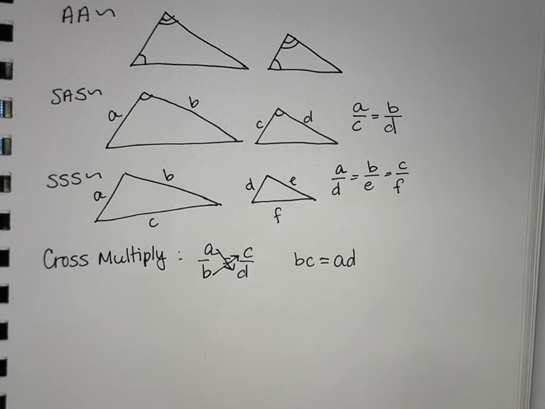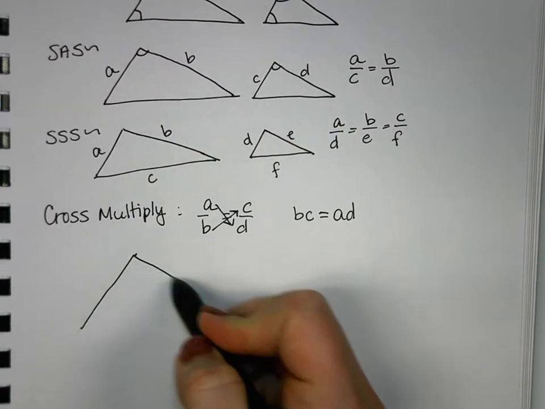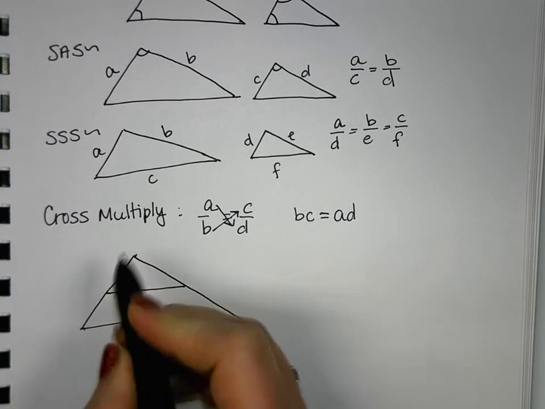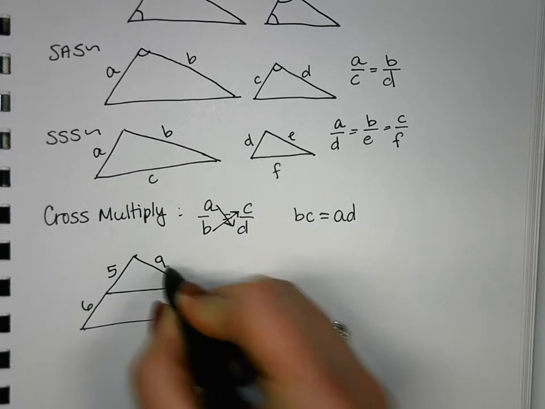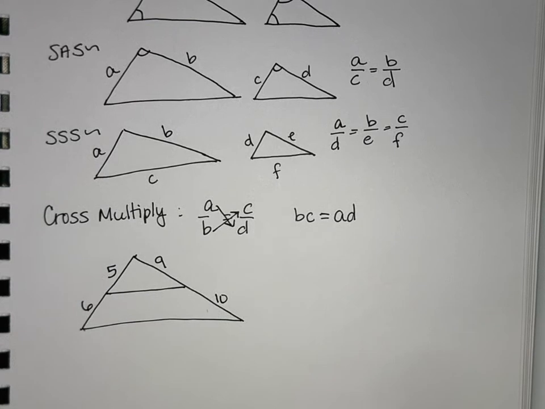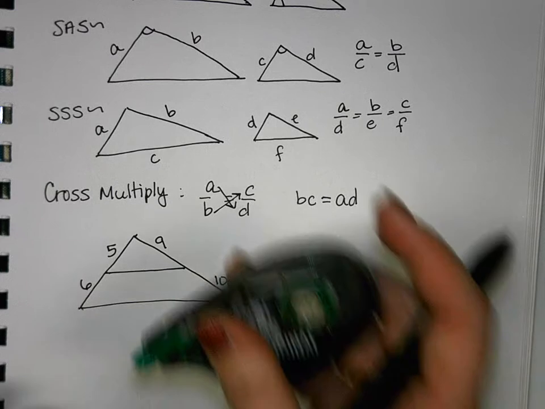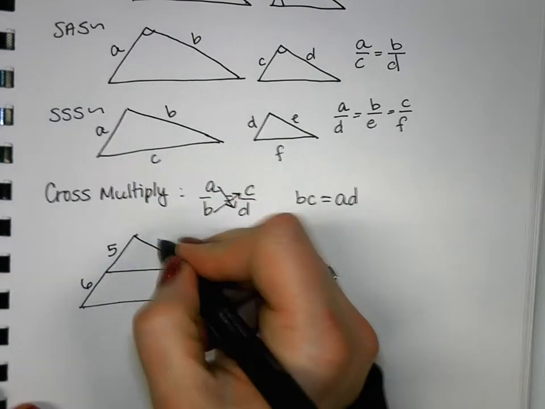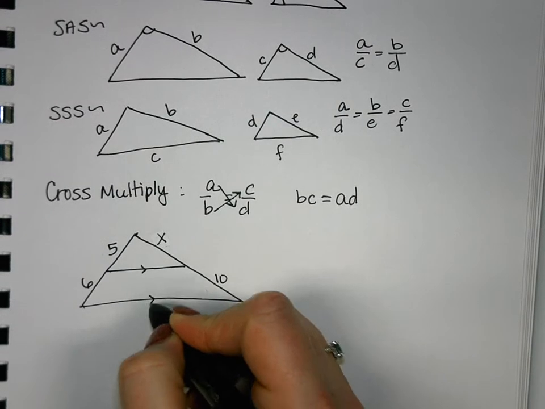Okay, in this unit we also had something called the side splitter theorem. That let us set up a proportion because these two sides are parallel.